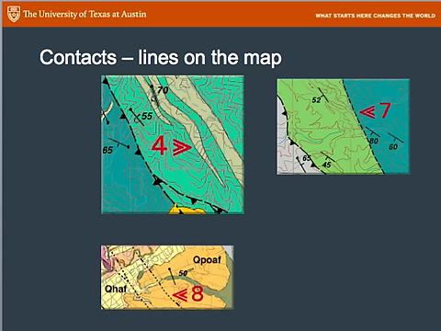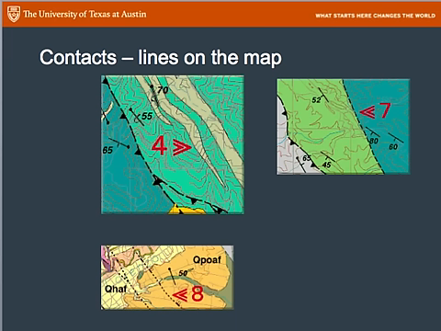The other thing that the geologic map shows are lines, lots of lines, and many of those lines are what are called contacts. And contacts are the boundary between two rock units. Number 4 here is pointing to a boundary between a mossy green and a brighter green interlayered rocks on this part of the map.